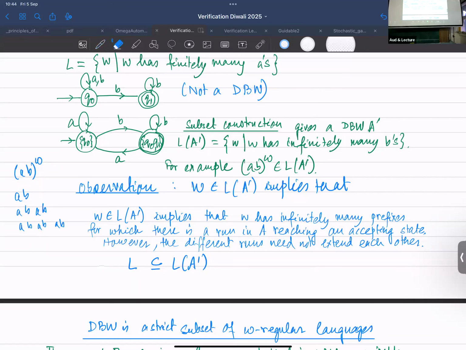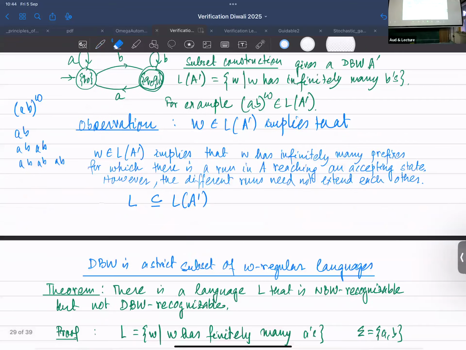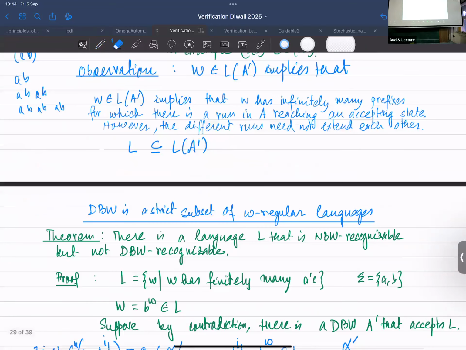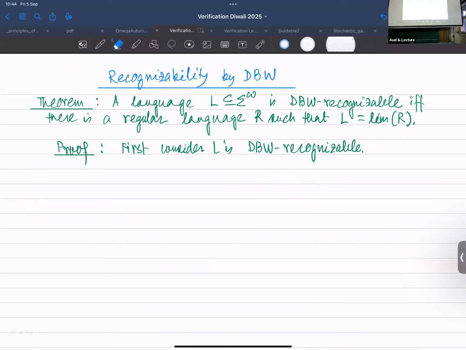Good. Okay, so now this is what you said, right? A language L is DBW recognizable if and only if there is a regular language R such that L equals limit of R. So let's consider this side first. We have to prove both the directions.